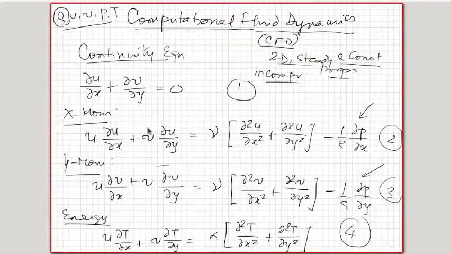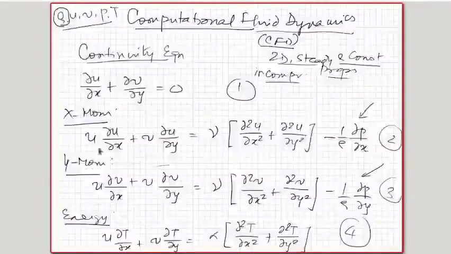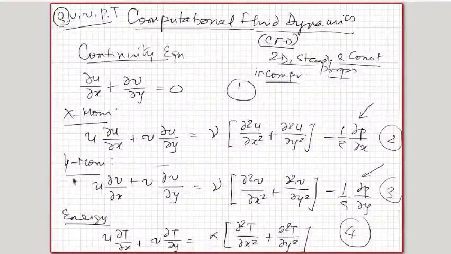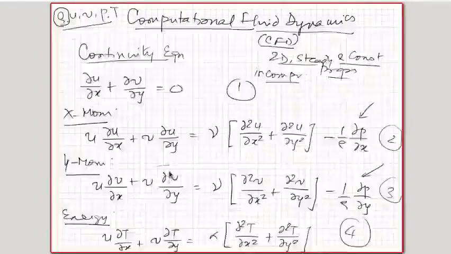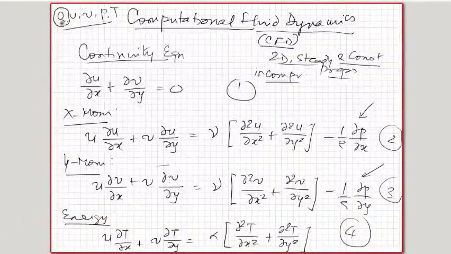So the values of u prime, v prime and p prime should vanish, or become extremely small values for convergence. So this is basically what we understand by the primitive variables method. Let me just write that down and then we can go.